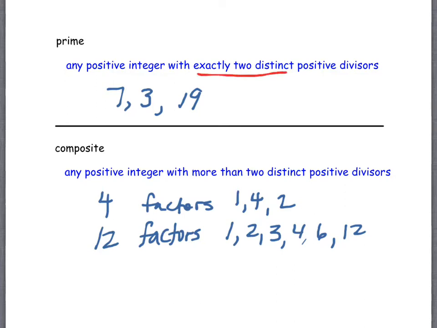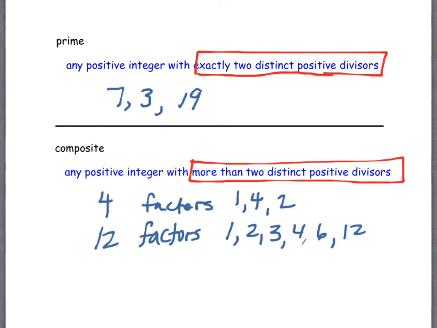This says exactly 2 distinct divisors or factors, and this one says more than. So the question becomes, what happens if it has fewer than? That would be the example of the number 1. The number 1 is neither prime nor composite because it doesn't fall into either of these definitions, does it? People feel awkward about that, but it really isn't. It's not prime. That's usually what people want it to be. They want it to be prime. It's not. 1 is not prime.